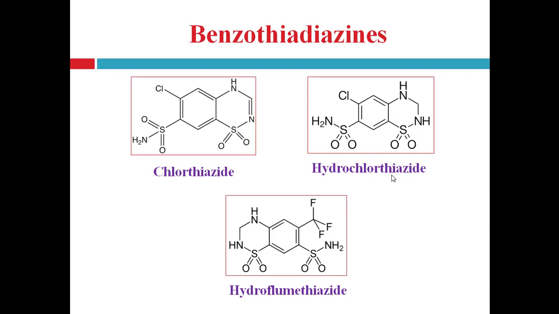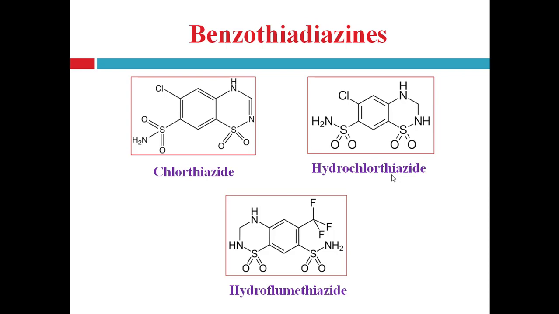Now diazines means a 6-membered ring containing 2 nitrogen atoms. And thiazines means a 6-membered ring with nitrogen and sulfur atoms. That ring is known as thiazine. And benzothiazine means this thiazine ring is fused with a benzene ring.